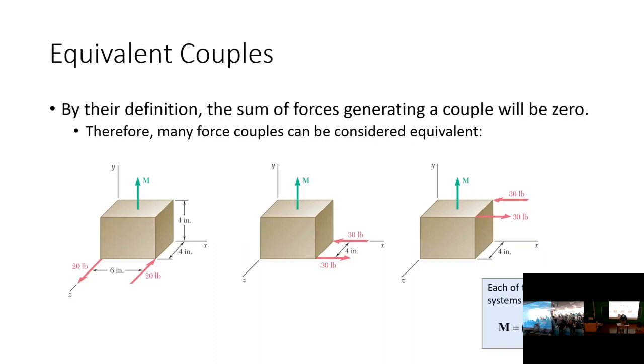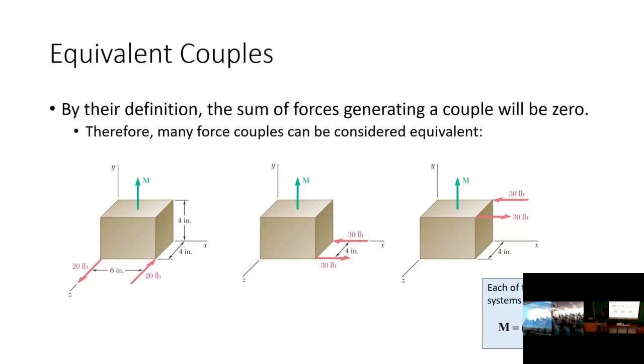So if our thumb is in the axis of rotation, our hand is rotating it this way. So if we're rotating it this way, our thumb is pointing like this. Our thumb is pointing in the direction of the positive y, right? So for this scenario, I could represent this moment vector as 120 times j. And in terms of the units, it would be inches times pounds, or inch pounds.